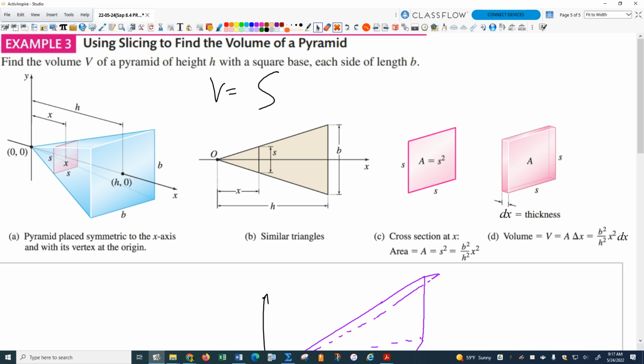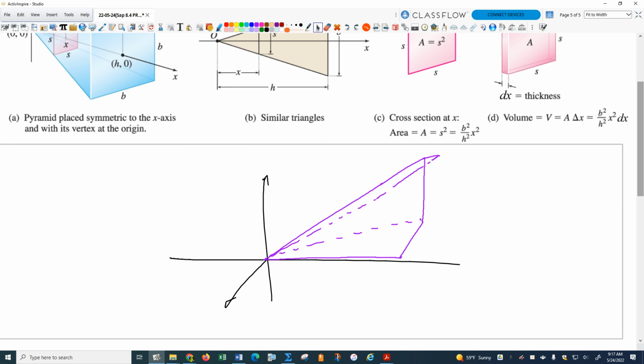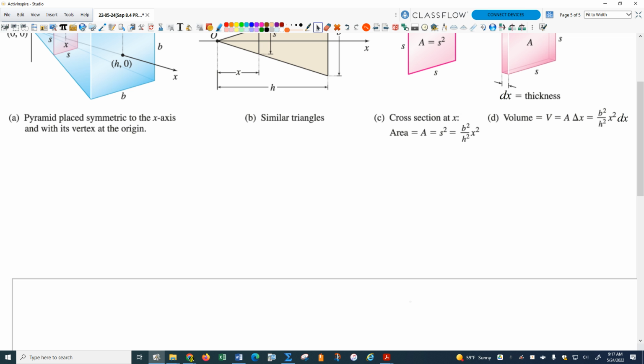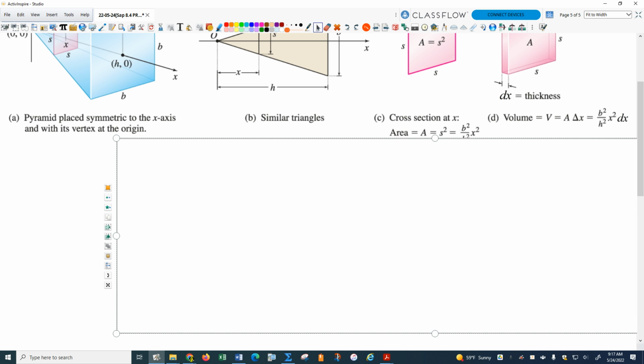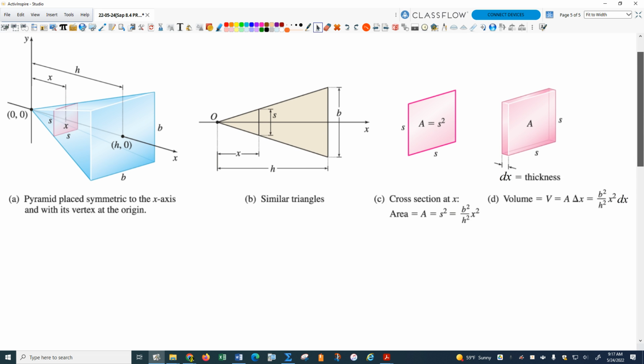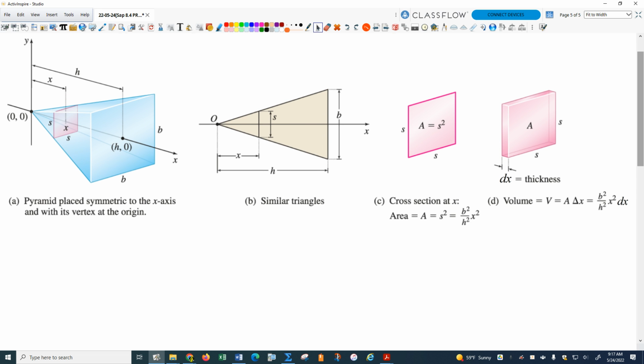Make sense? And I hate to get rid of my beautiful drawing down there. So if that's the volume of one section, we're just going to sum up that integral. Everything's a constant there except x, so that's a super easy integral, right?